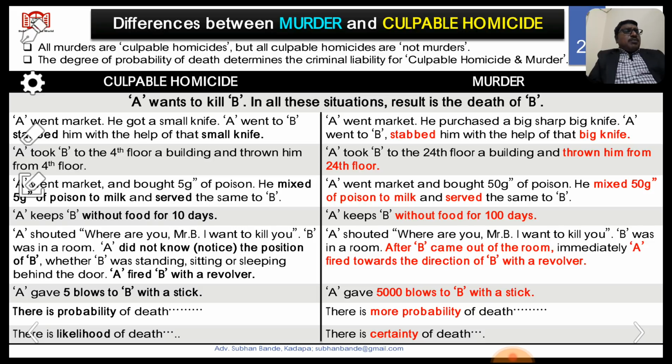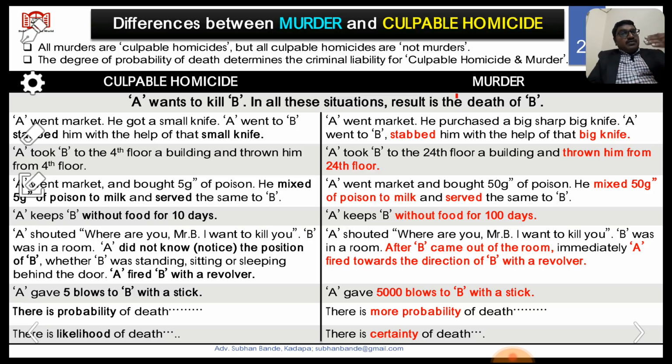The degree of probability of death determines the criminal liability for either culpable homicide or murder. If there is more degree of probability of death, then the criminal liability is for murder.